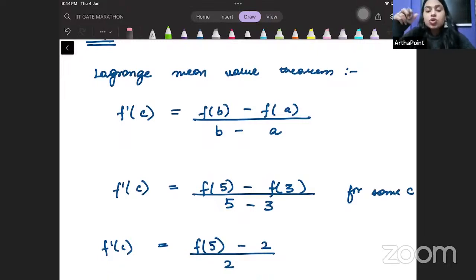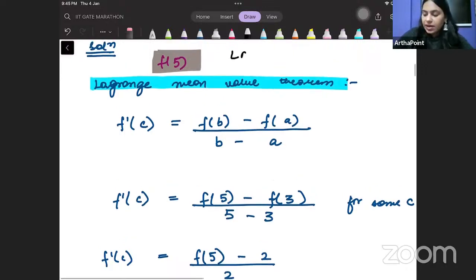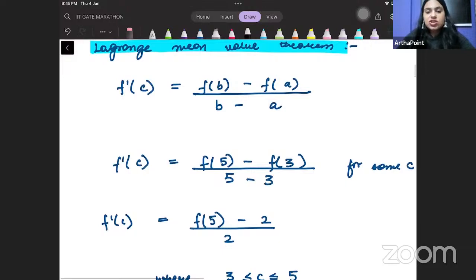Now, to solve such questions where you have to find the interval of the value of the function, मतलब मुझे ये निकालना है कि f of 5 कहाँ lie करेगा. In order to do such things, what you can go ahead and do is you can apply LMVT, Lagrange Mean Value Theorem. And what does the mean value theorem suggest?